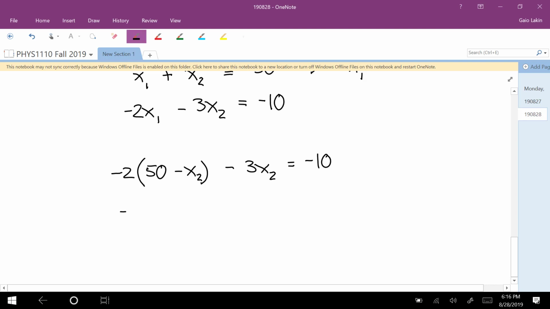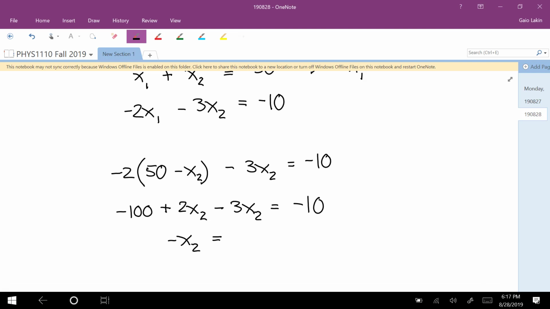So let's see, this says negative 100 plus 2x2 minus 3x2 is equal to negative 10. And so we get negative x2 is equal to, maybe I shouldn't do so many steps at once, but I'm combining these two things, and I'm adding 100 to both sides to get the 100 over there.